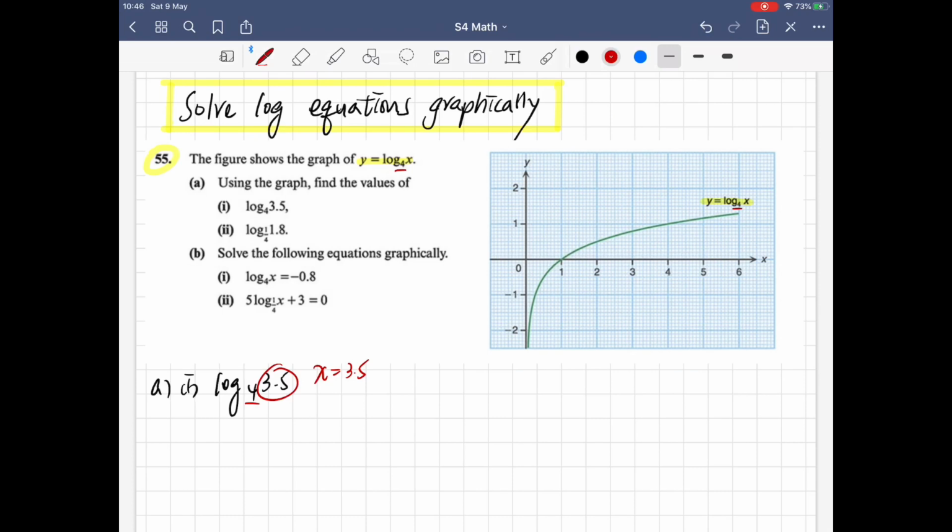So x equals 3.5 is here, and we have to draw a vertical line until it reaches the green line. Afterwards, we draw a horizontal line to see the corresponding value of y, and we can get the answer 0.9.